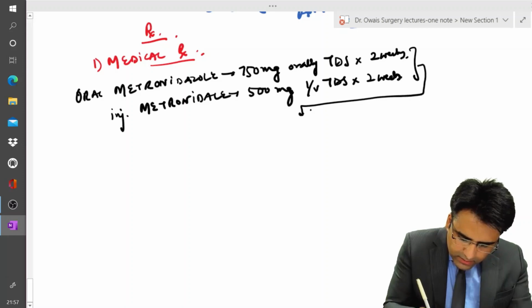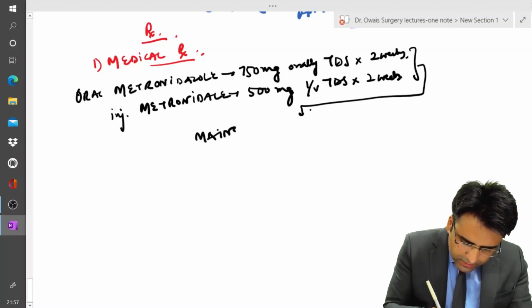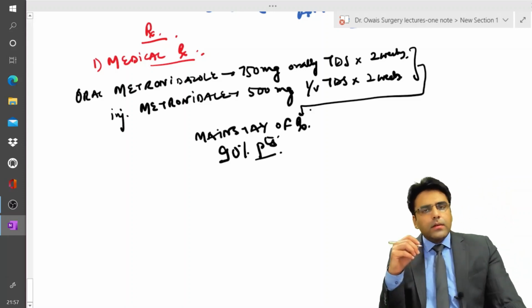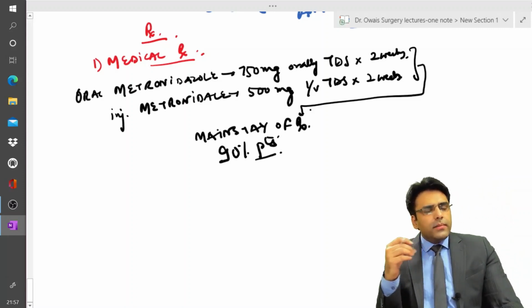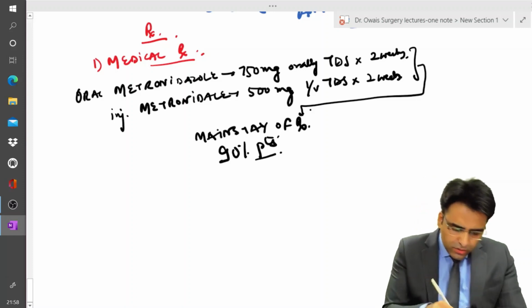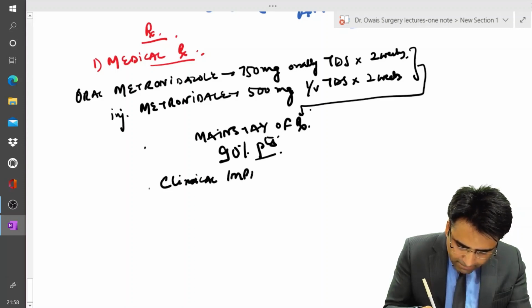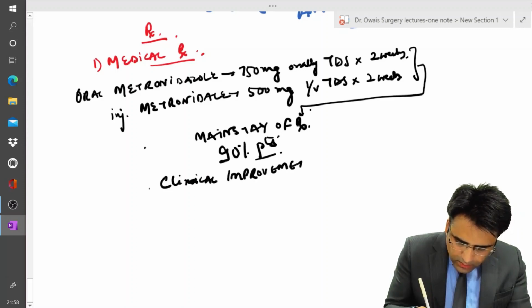This is the mainstay of treatment, and it has been found to be curative in 90% of patients. The patients become symptomatically better, or clinical improvement is seen within 3 days.